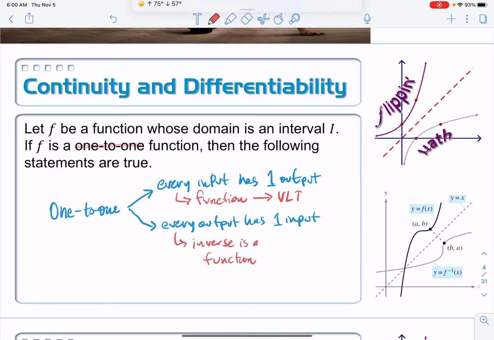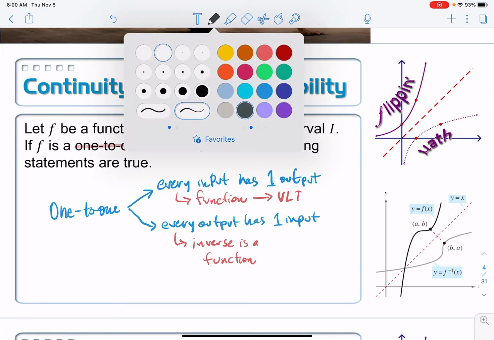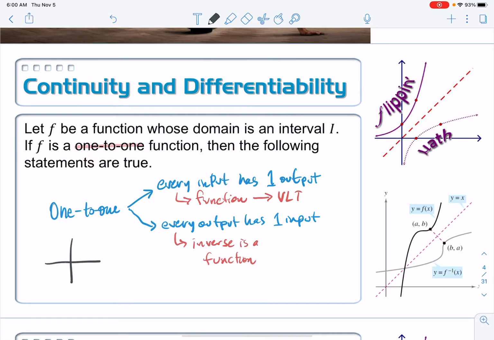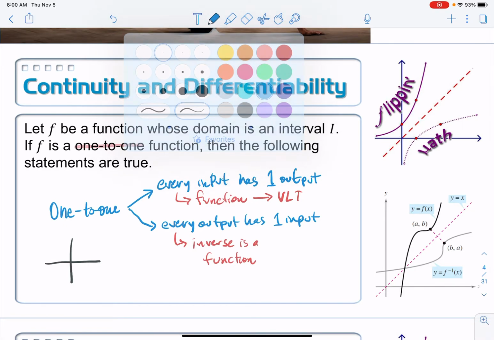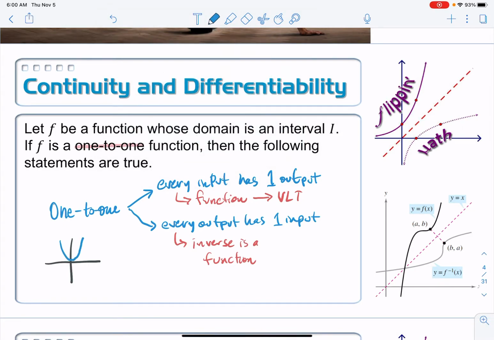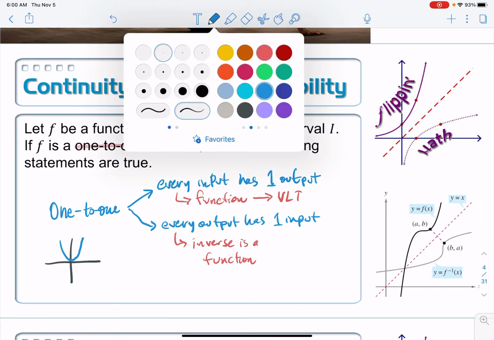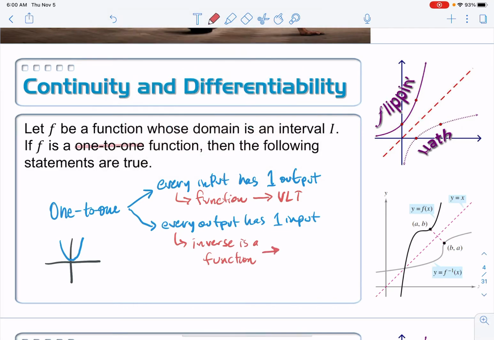For example, if we think of a parabola, this is a function for sure because every input has one output. It passes the vertical line test. However, it does not pass the horizontal line test, the HLT.